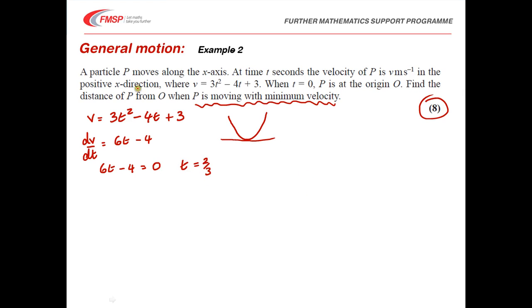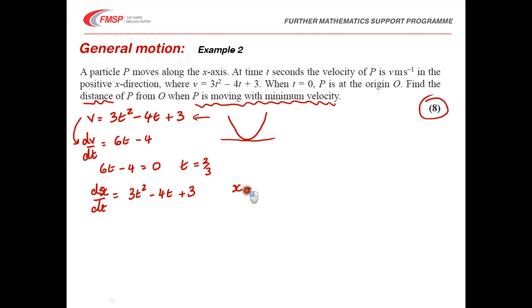Okay, so we know the time, but we don't know an expression for the distance at the moment. So again, let's go back to our expression for the velocity. This time we're going up the ladder. Here we were differentiating down the ladder. Now we're going to integrate up the ladder. We know that dx/dt is equal to 3t squared minus 4t plus 3. And if we integrate both sides of that expression, this time I'm going to do this using constant of integration.